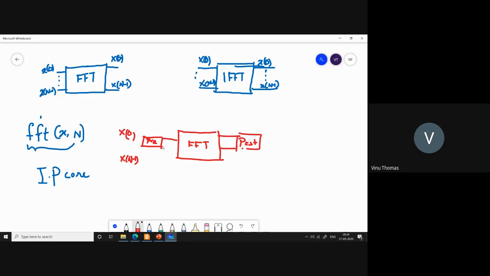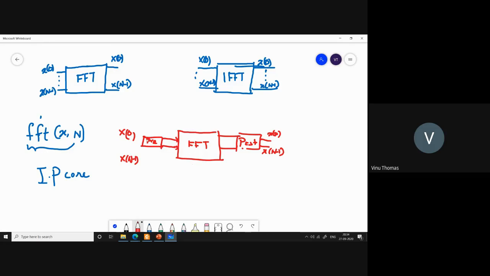The outputs of the pre-processing stage go to the FFT algorithm, and here you will be getting X of 0 to X of n-1, which go to the post-processing stage. Now this has the advantage that you don't have to change the internal code for FFT. If you have developed any hardware, or have any subroutine readily available from the library, you don't have to revisit the subroutine or redo the hardware.